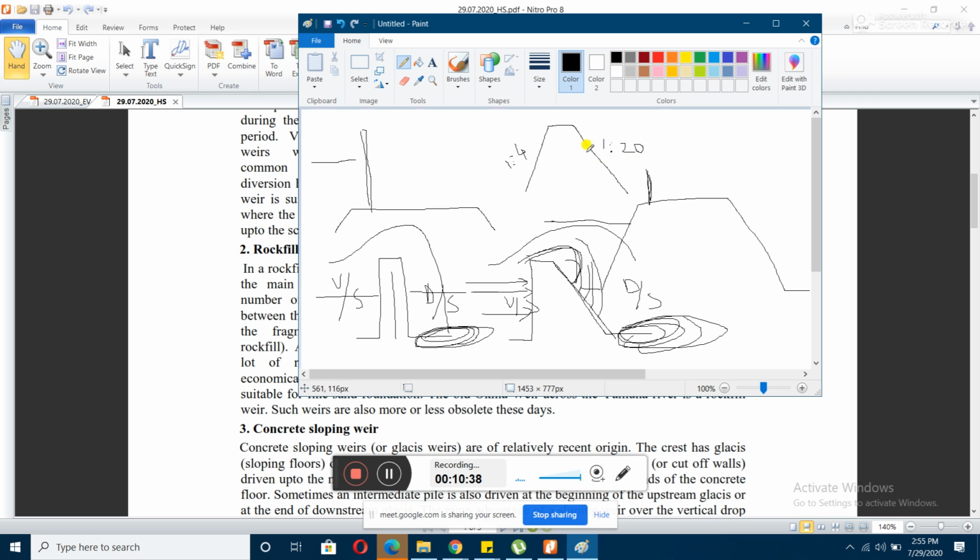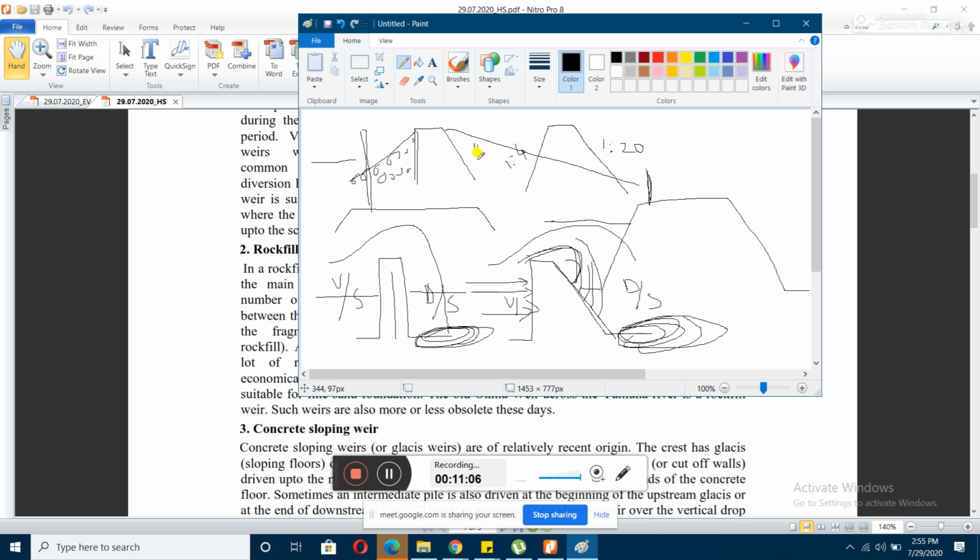So in order to counter that, a general weir is constructed like this, and rock fill materials are used to increase the slope. We just put rocks here to increase the slope, and further here also a gradient is made.